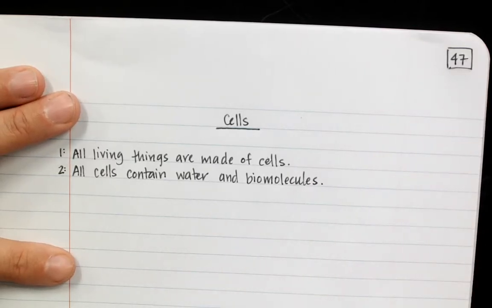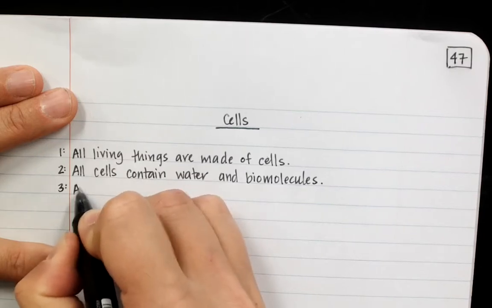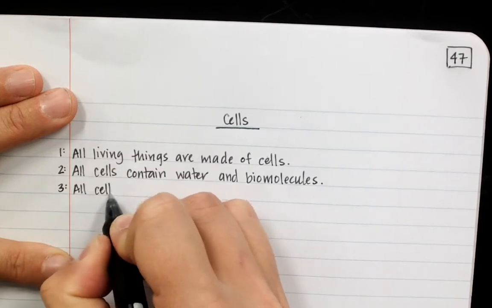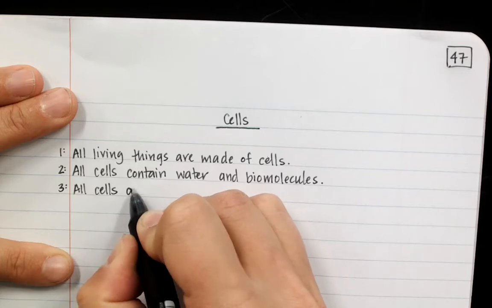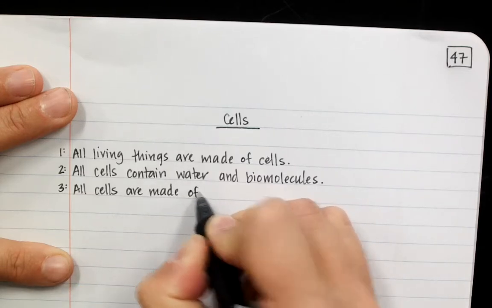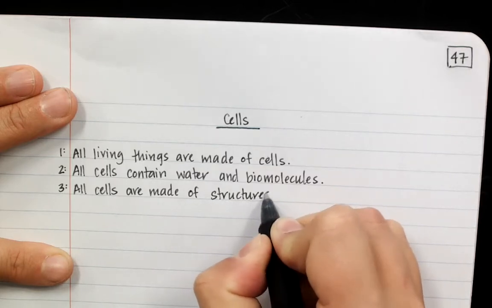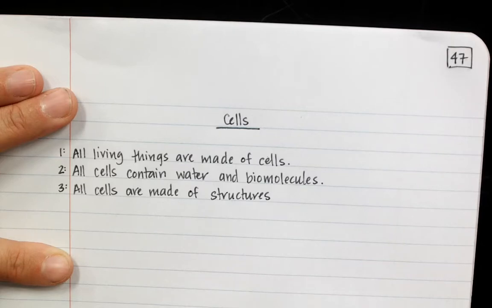And then the third rule is that all cells are made of structures that allow the cell to function.